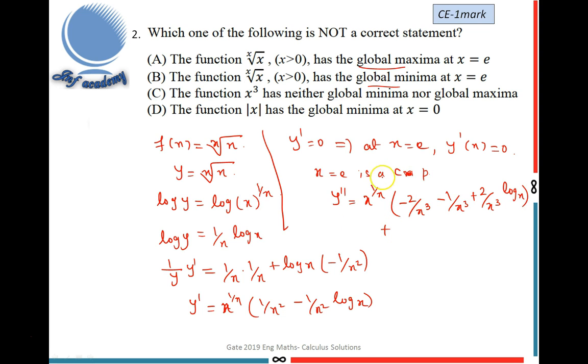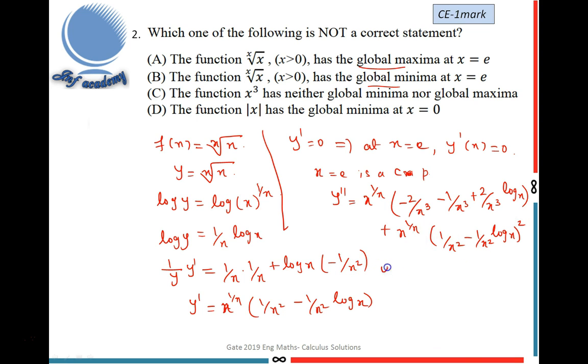Next, x power 1 by x differentiation is again this one. So I can write this is x power 1 by x, 1 by x square minus 1 by x square log x whole square.